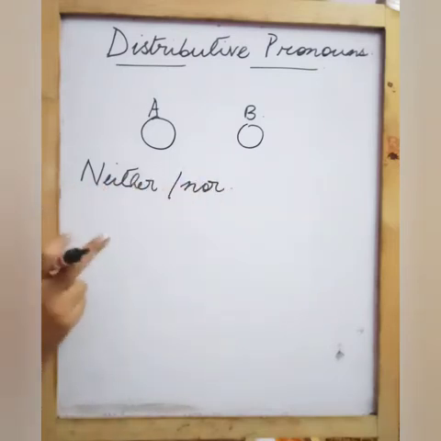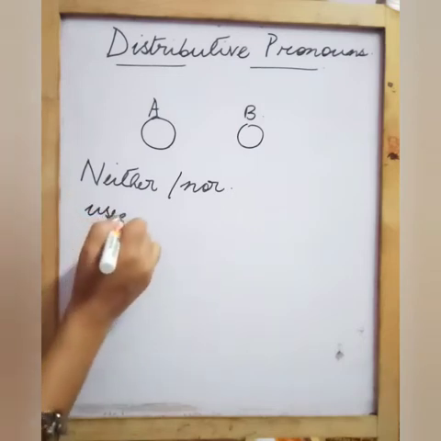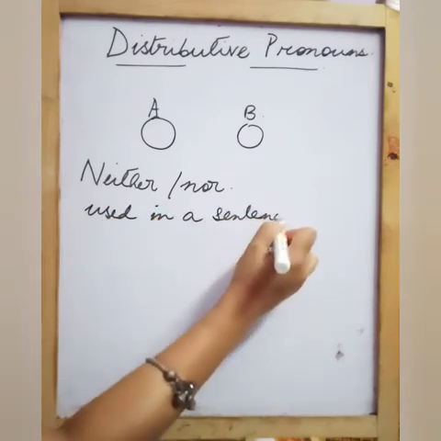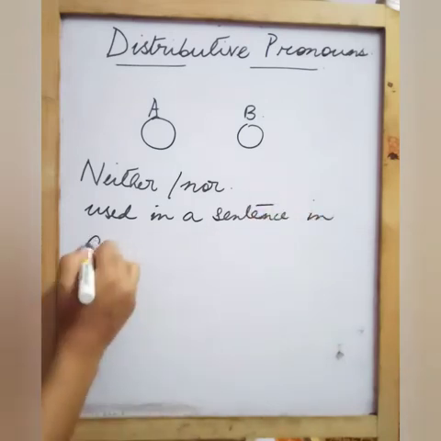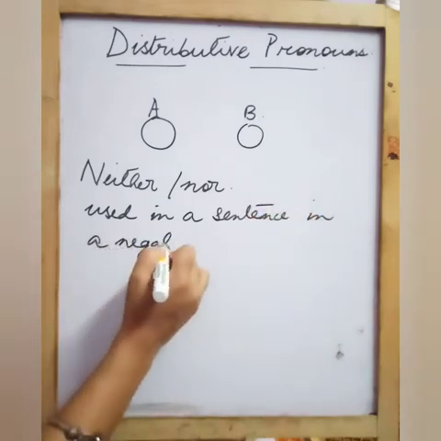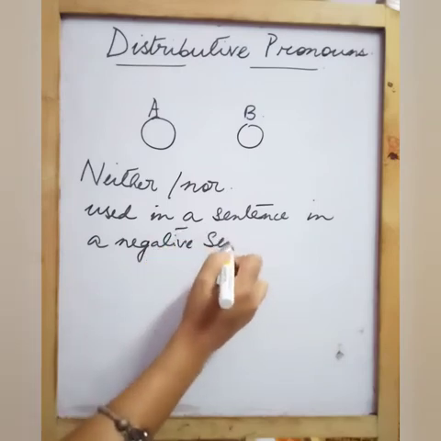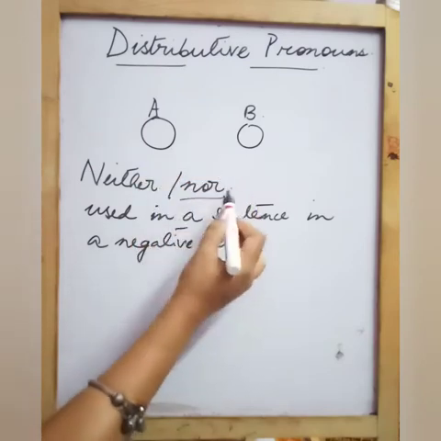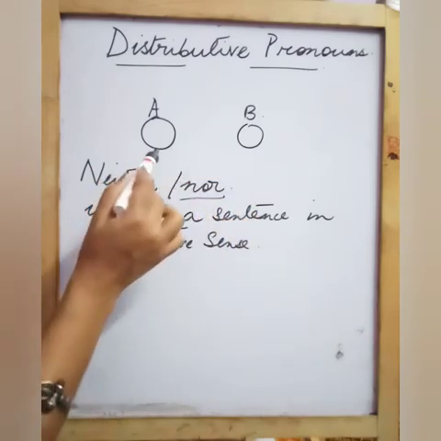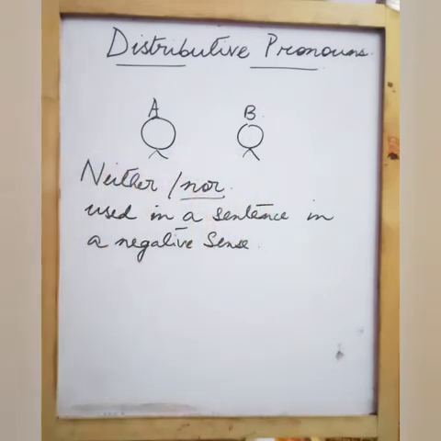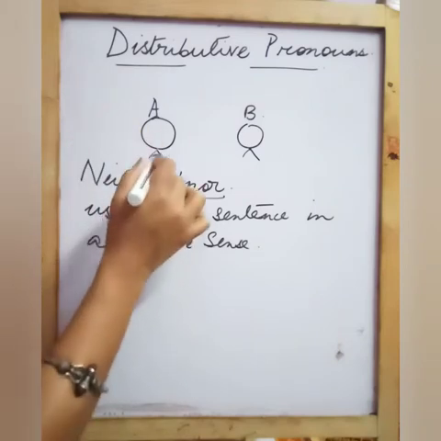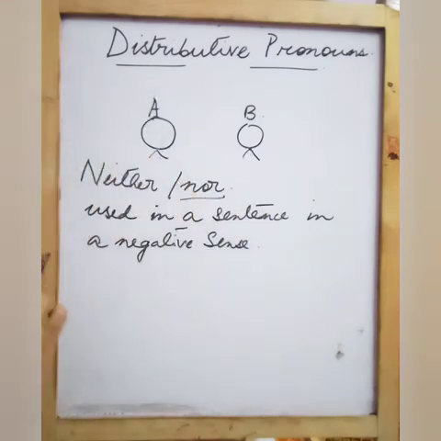Alright, neither is used in the sentence in a negative sense. So when I say neither, it will be followed by nor. Alright. So if I say you can have neither this nor that, means both are cancelled. You can have none of them. Neither this nor that. So it is negative, isn't it?